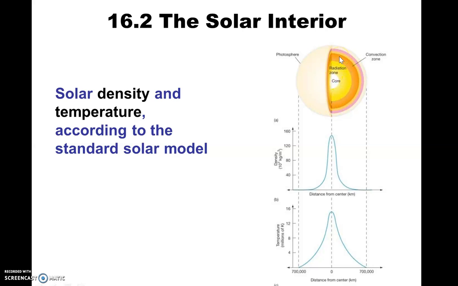We understand that quite well, actually, and we can tell how much things are being squeezed. And notice the temperature, right? The temperature goes up tremendously at the center. So it is in the millions of Kelvin, right at the center.